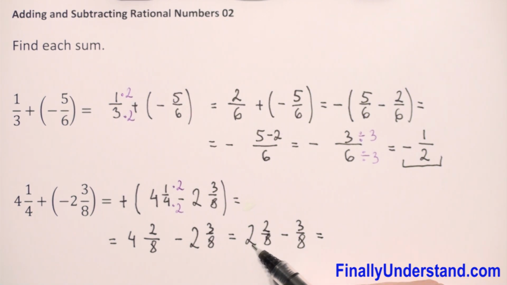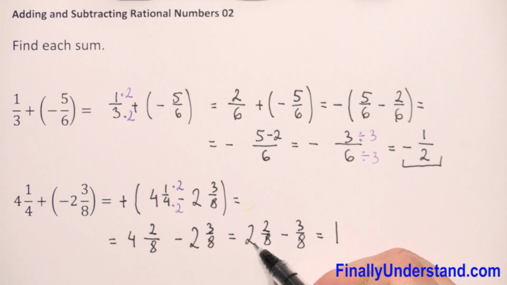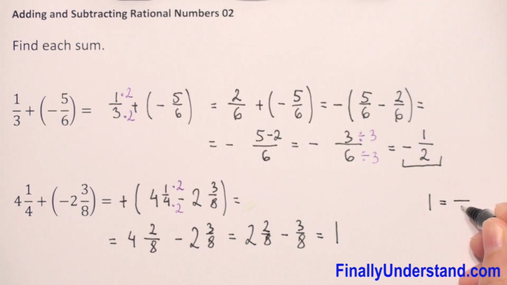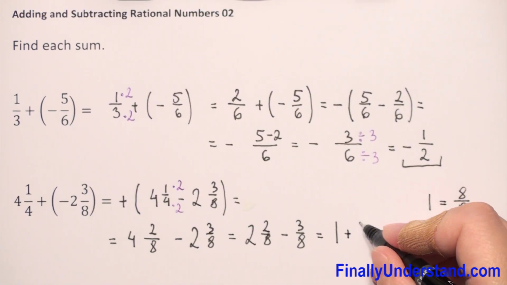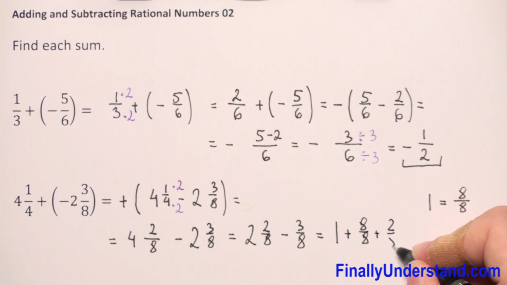So we have to borrow 1 from 2. So we will have now 1, and when we borrow 1, we change this 1 to denominator 8. So we have 8 over 8. This is 1 plus 8 over 8, and we have 2 over 8.